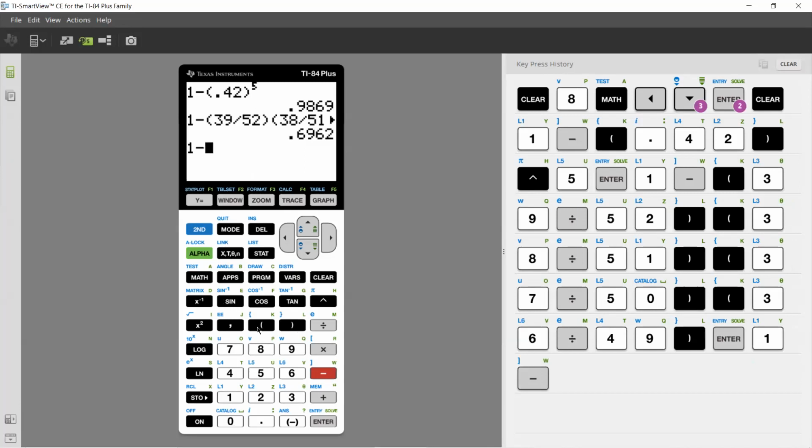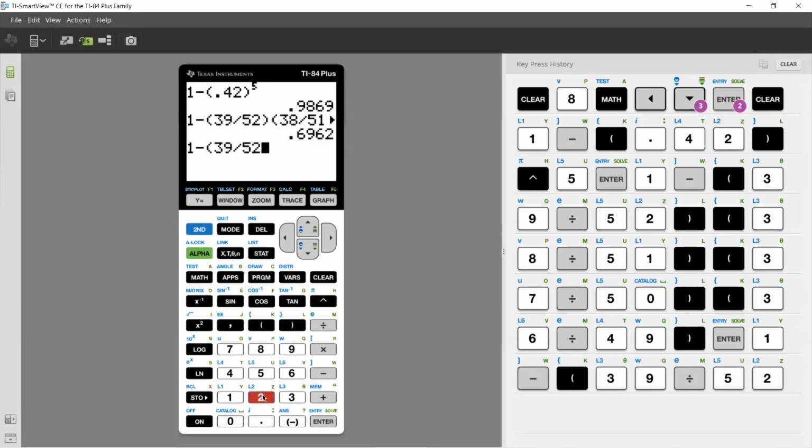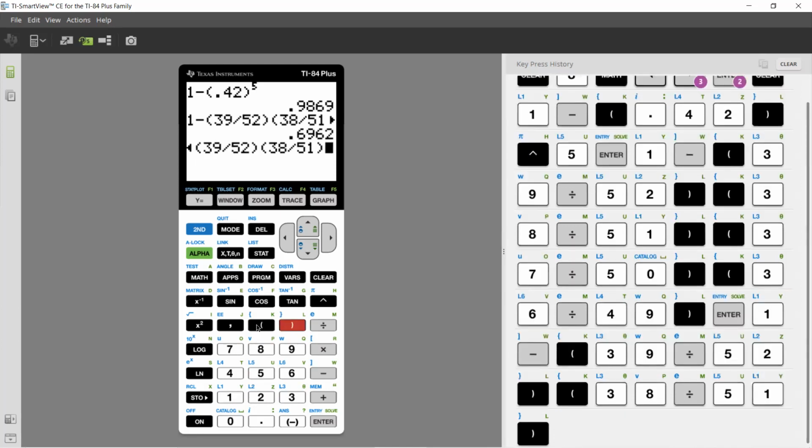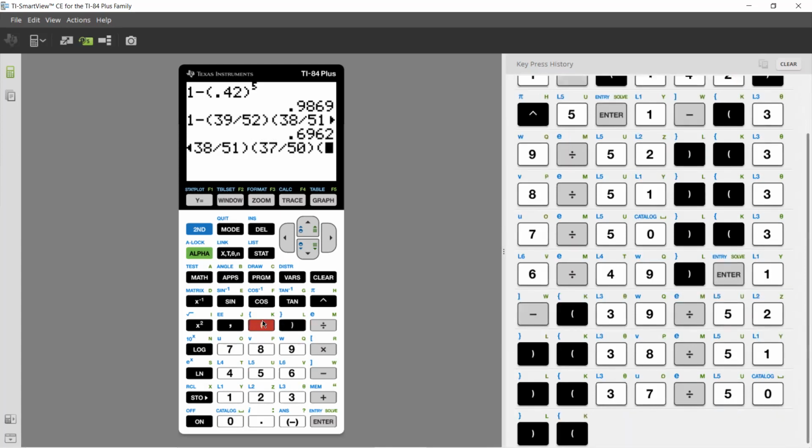And then you're going to open parenthesis 39 divided by 52, close, then open another pair, then 38 of 51, then open 37 over 50, and 36 of 49.